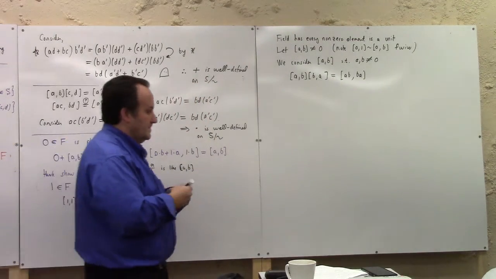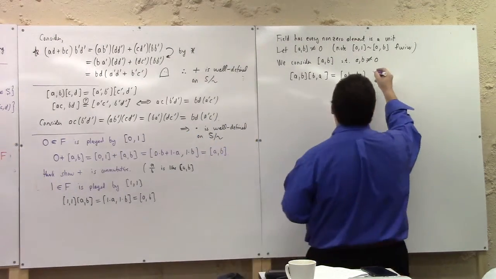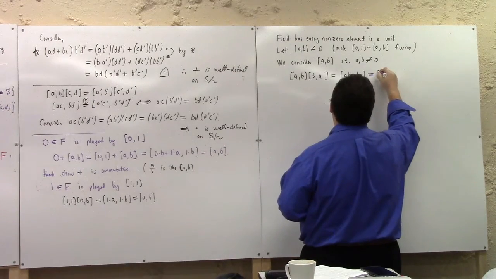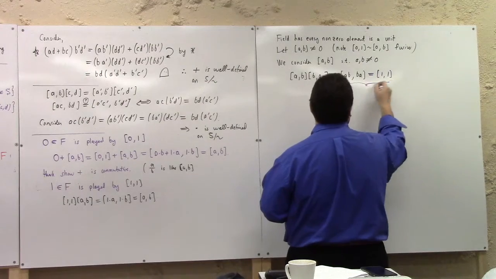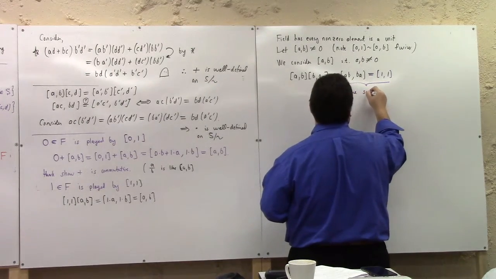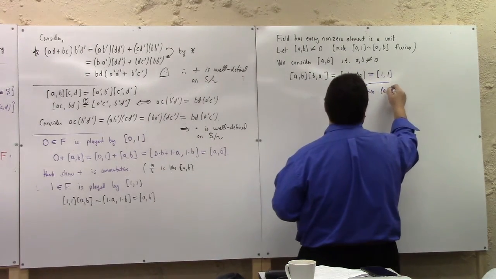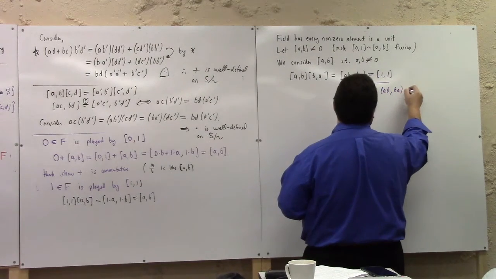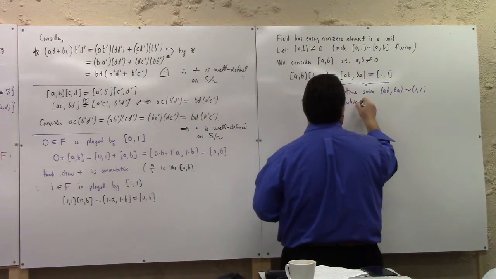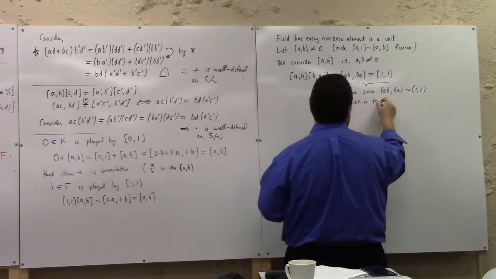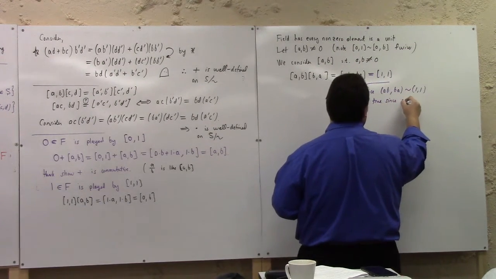They'll always be related to (1, 1)? Well, let's see. The question is, can we show this? I want to say this is true since (ab, ba) is equivalent to (1, 1), which is true since what? Oh, we could show the transitive property.